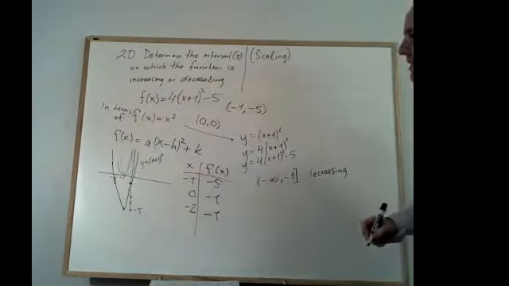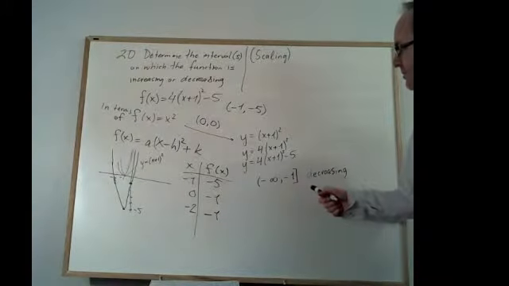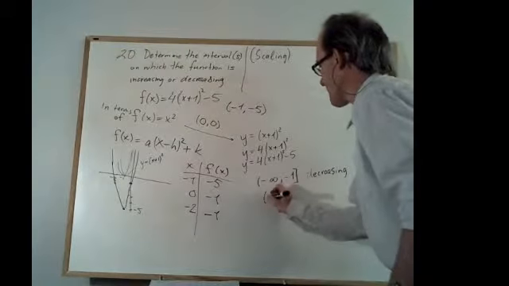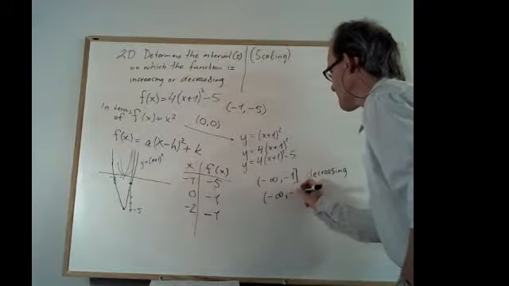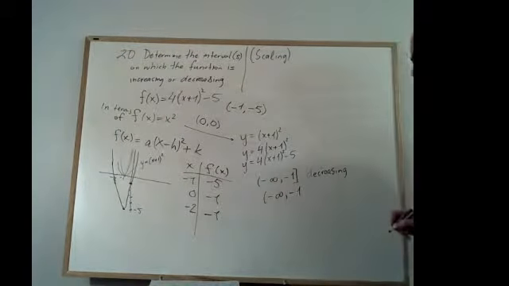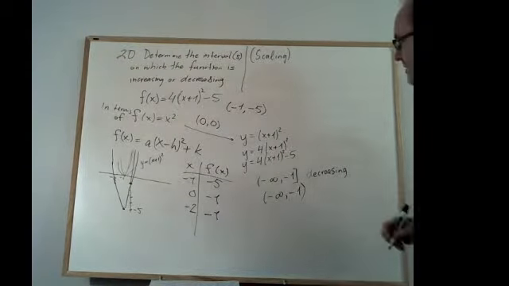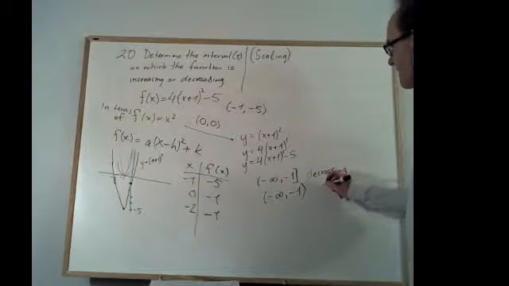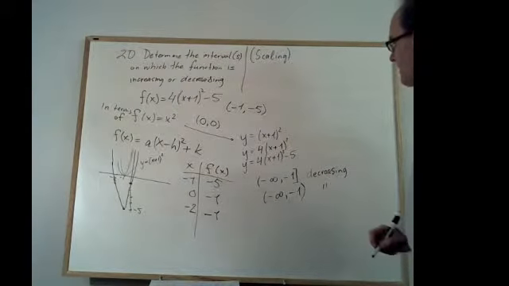Okay. Now in the book, it gives another notation. It definitely has a different meaning. It gives this open bracket. You could also do that. On that interval, it's decreasing.